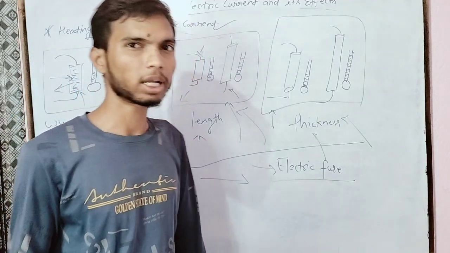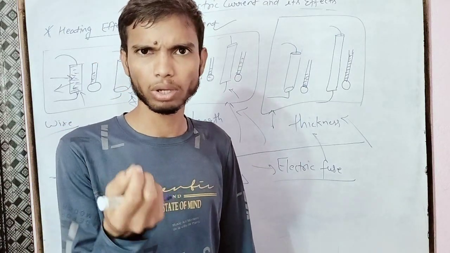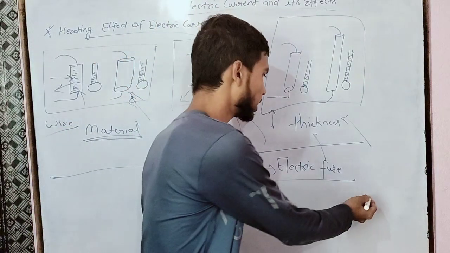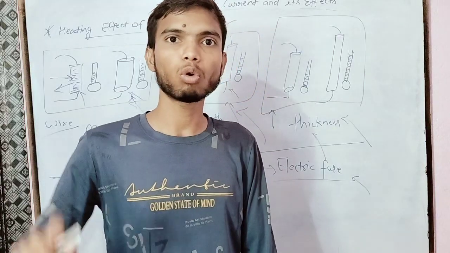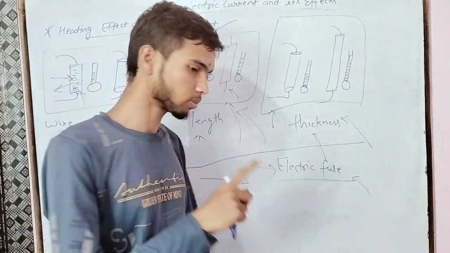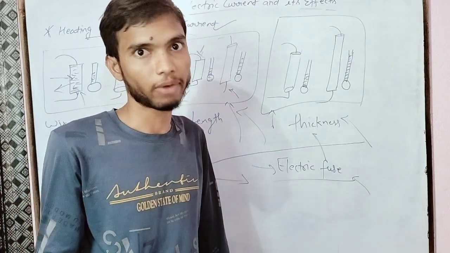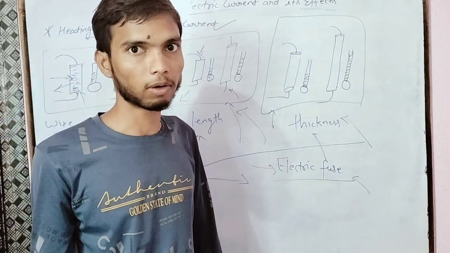But here the switch is used for one device, while the electric fuse is used for all devices. A switch is applied for only one device, for example a fan or a bulb.